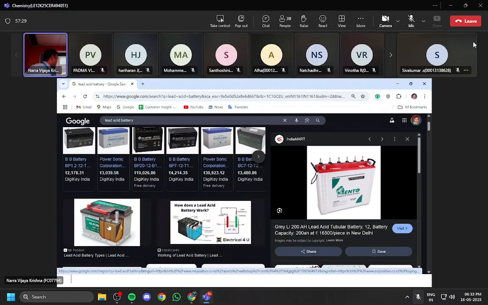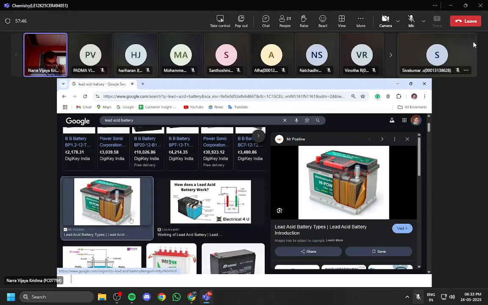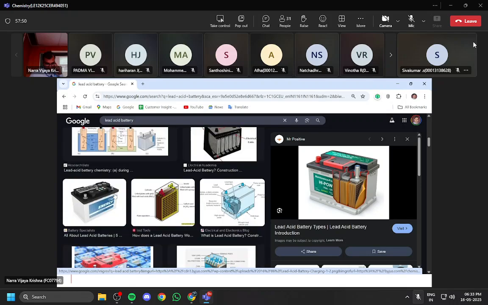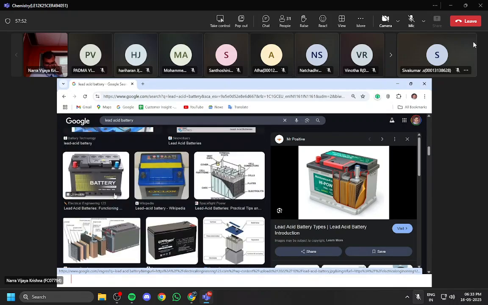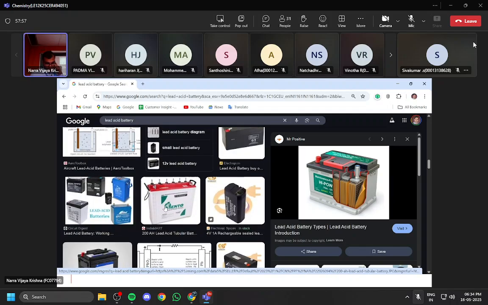This is also the same, but they have shown only two outside. The remaining are there, no? They are closed, they are sealed. It was just a seal, nothing there. Maintenance free. So it is not an actual lead acid battery. I will take this image only.